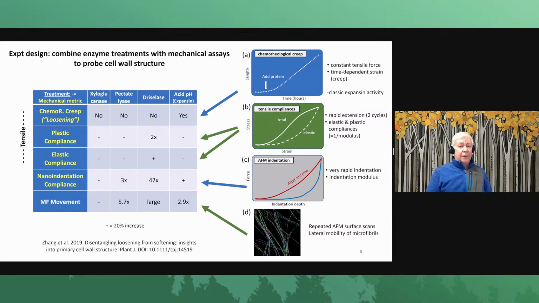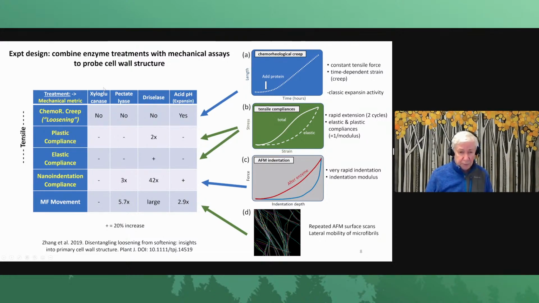All right, so there are a lot more results in the paper. I'm just going to focus on a small subset of these that I think are particularly useful. At the top here, you see the different treatments, and then going down the rows, we see the different kinds of mechanical assays, also directed by these arrows.